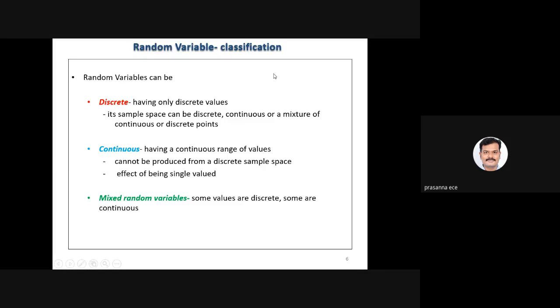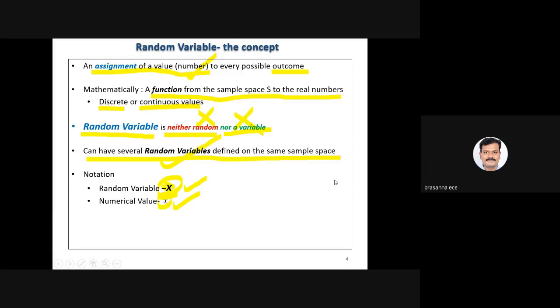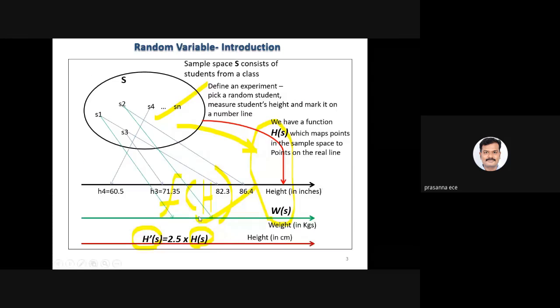If you consider our previous example, here we are mentioning the heights in inches. Suppose I ask you to follow one more rule: round the height of the student to the nearest integer.